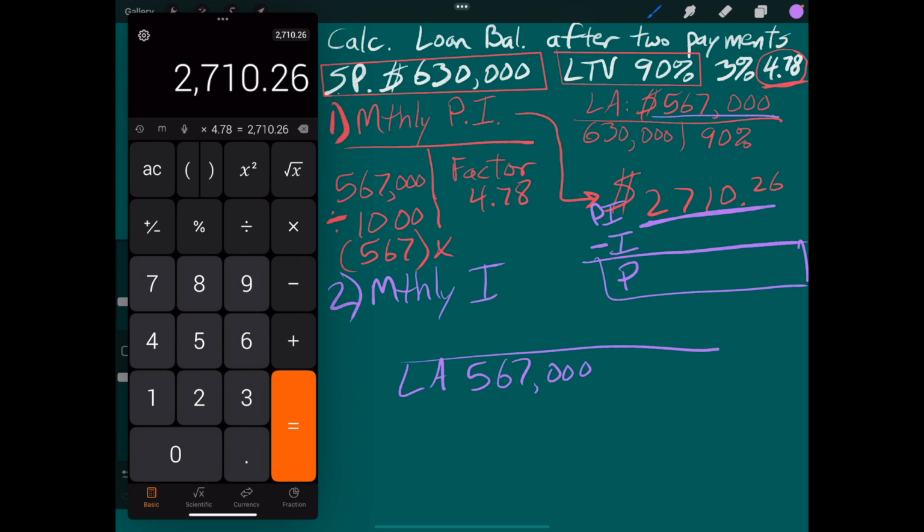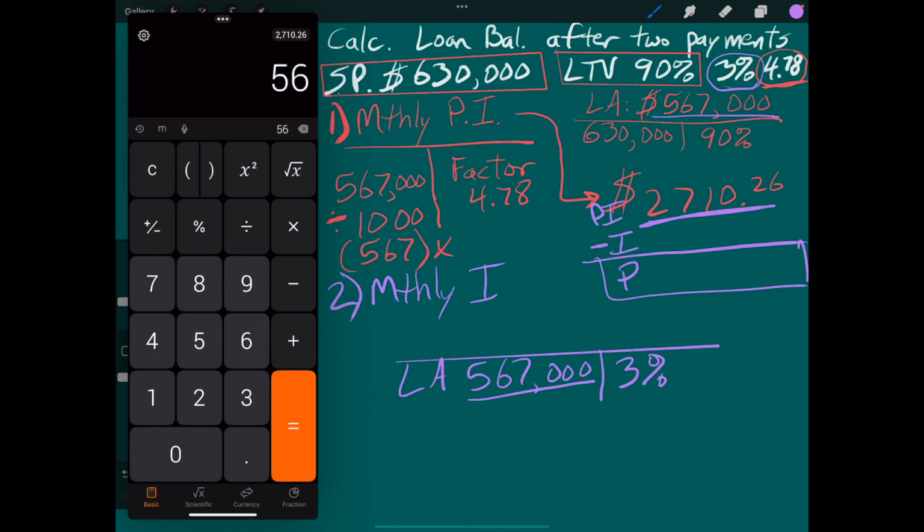We're going to multiply that by the interest rate on the loan. That's this 3%. That's the annual interest rate. The lender is expecting to make 3% interest per year on this loan amount of 567. So 567 times 3%.